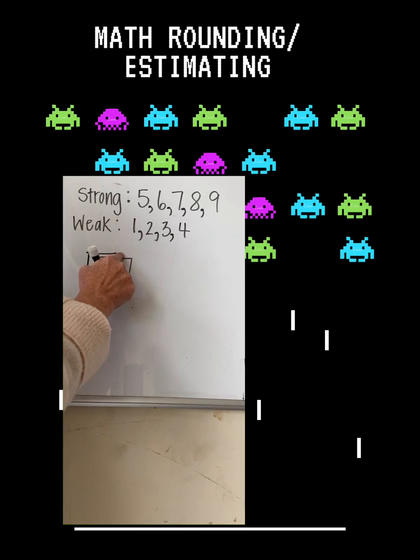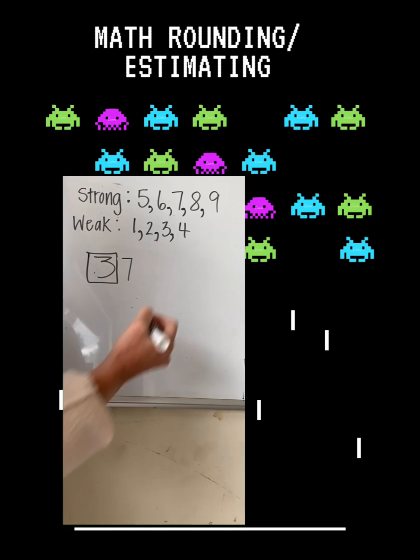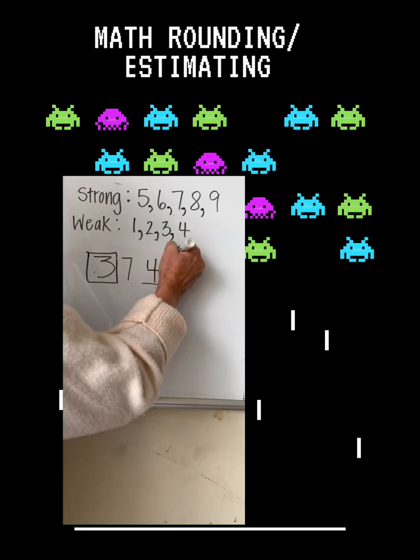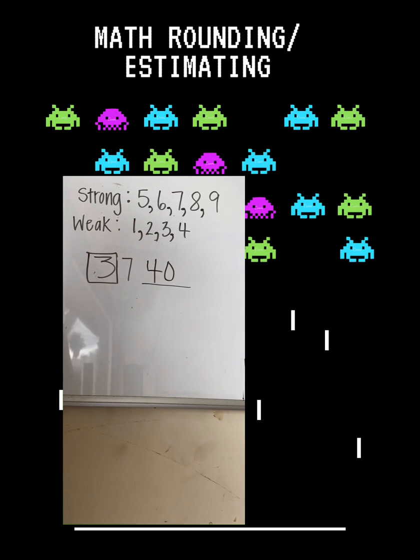And 7, is that a weak number or a strong number? 5 or more, let it score. That's a strong number. So we would write 40. 37 rounds to 40 because 7 was a strong number and we let the 3 score.